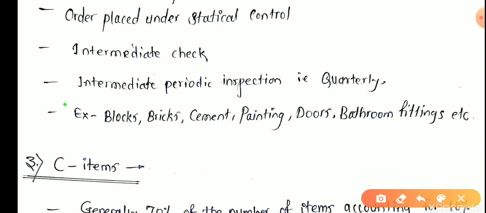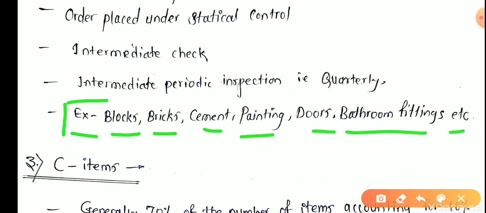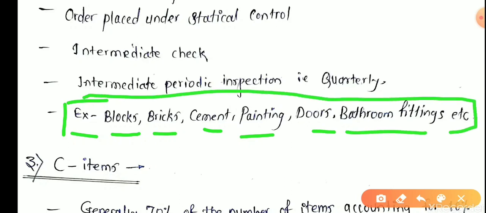If you consider the civil engineering aspects, B type items include blocks, bricks, cement, paintings, doors, bathroom fittings, etc. If the list of civil engineering materials is 100 units considering all aspects, then cement, bricks, paintings and doors come under the B type of items.